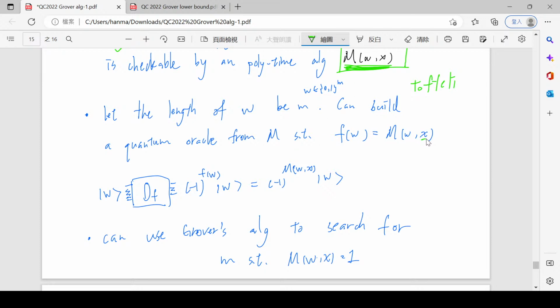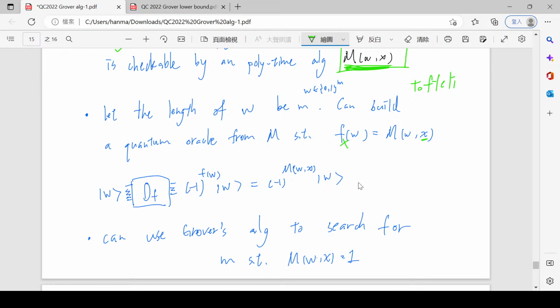You also build this X into this M, so I should say F sub X. You can define this F as a function of the witness W. That's just applying this checking algorithm M on W and X. You build that into a quantum circuit and do a phase kickback, so you get this phase version, (-1) to the F of W, when you input this W.